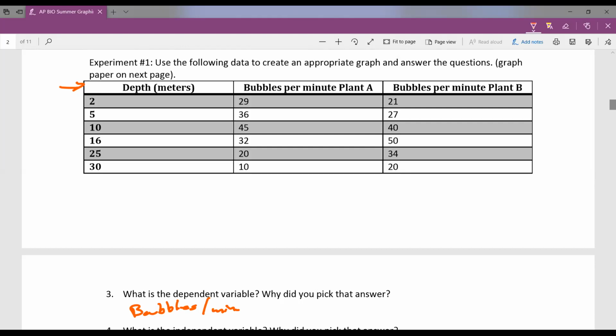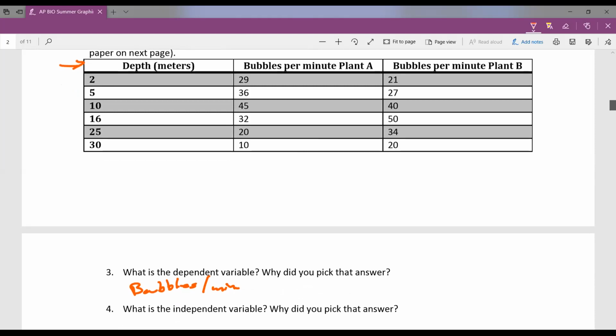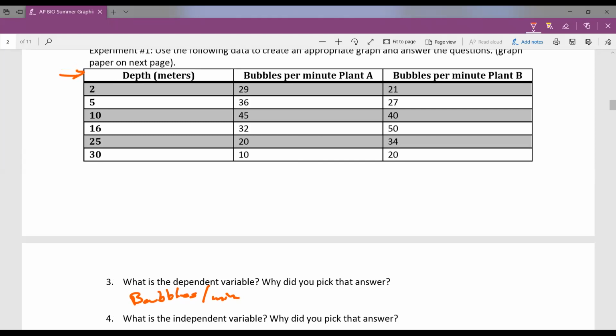I suppose there might be, I can't even think how you would do different numbers of bubbles and see what depth they were coming from, but maybe you could figure out a way. So what's the independent variable then? Depth. And why did you pick that answer? Well, as you pointed out, it is the same for both of these, and that was a good hint, but that is what it looks like the experimenter would be manipulating.